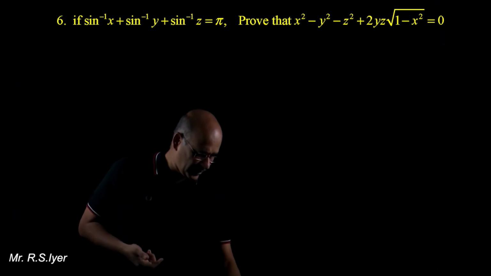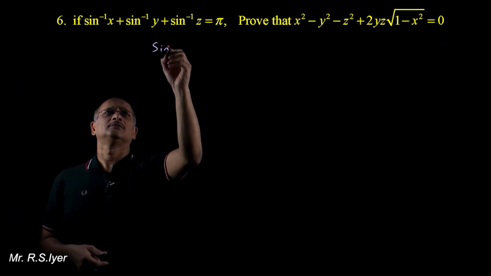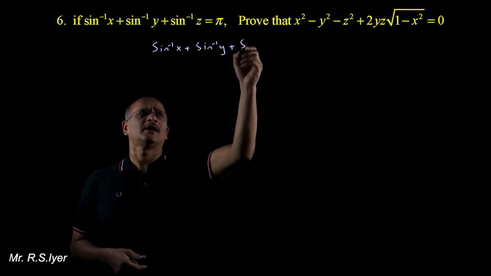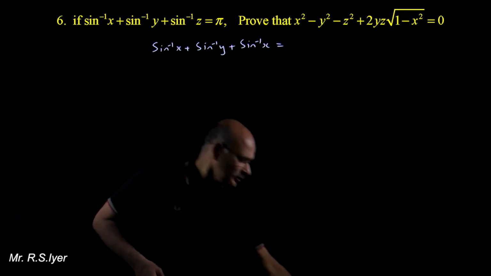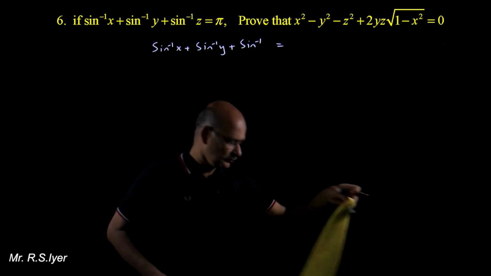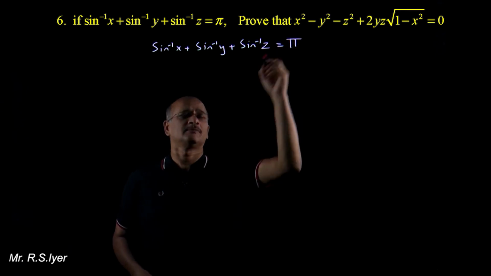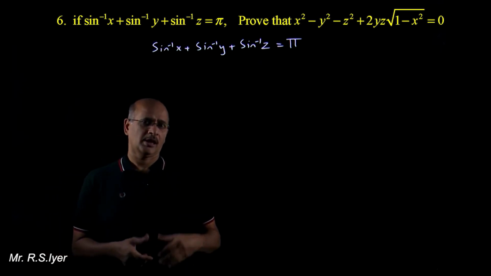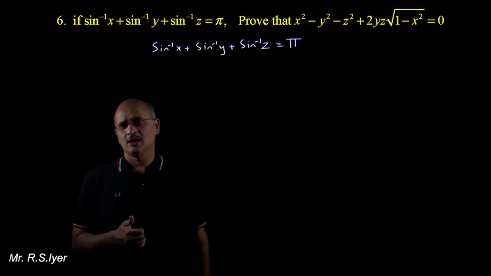They had very specifically mentioned in the question sine inverse x, I am rewriting it, plus sine inverse y plus sine inverse z, I beg your pardon, it is sine inverse z, sine inverse z is given as pi. Now here they are asking us to prove x square minus y square minus z square, and so on.